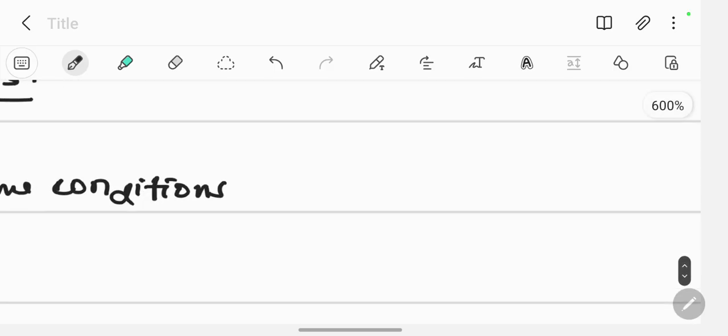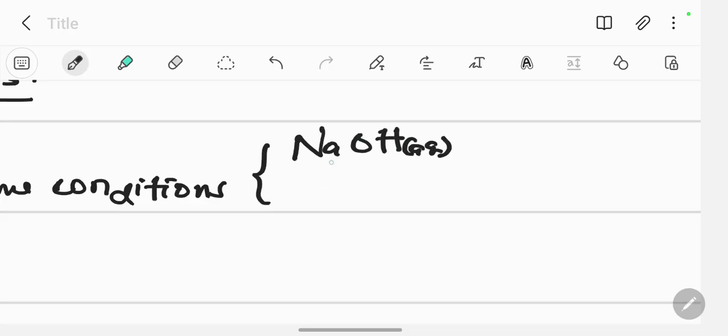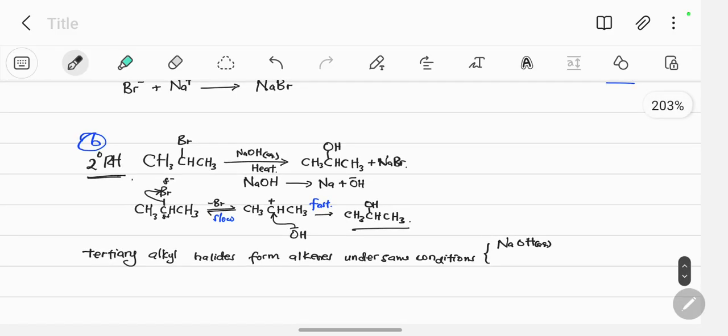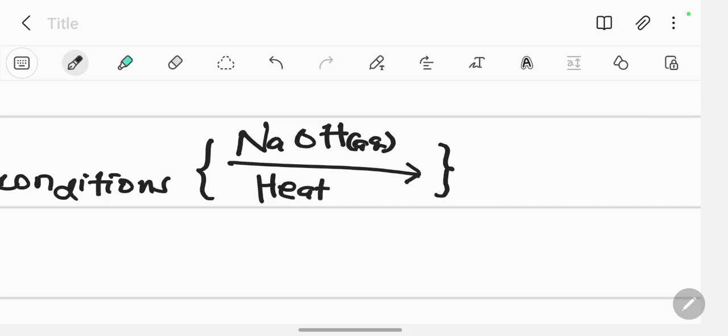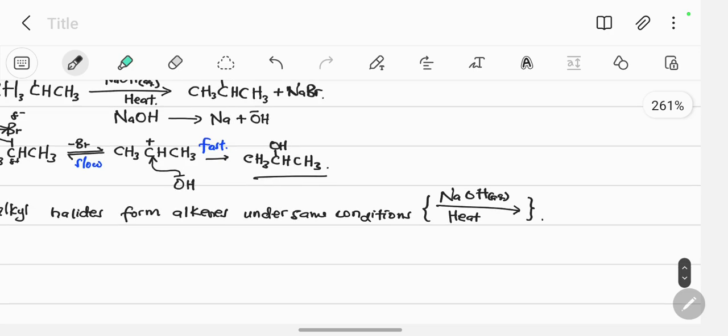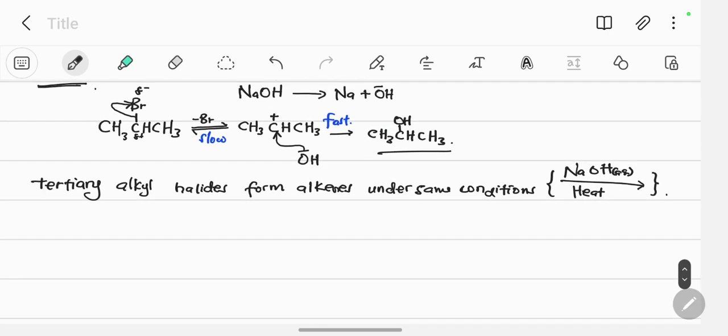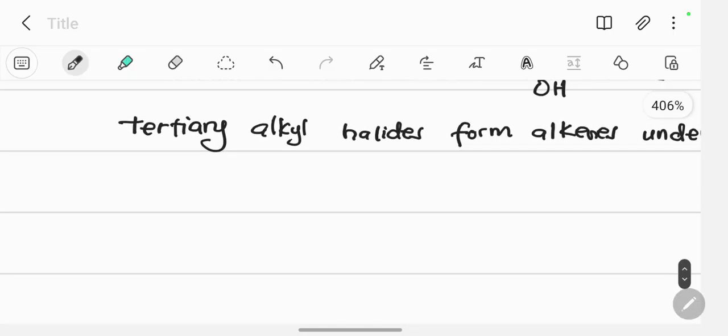Which same conditions? Sodium hydroxide and heat. So they are giving us alkenes under those conditions. They are not giving us alcohols as we've intended to form alcohols. So what do we do? If you want an alcohol, a tertiary alcohol, you instead use water and boil.